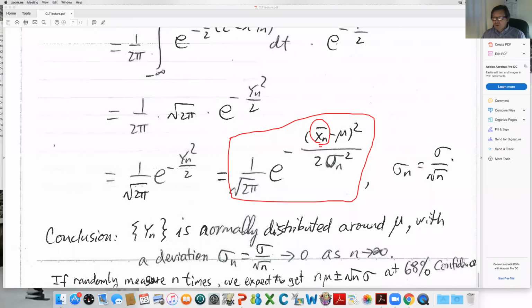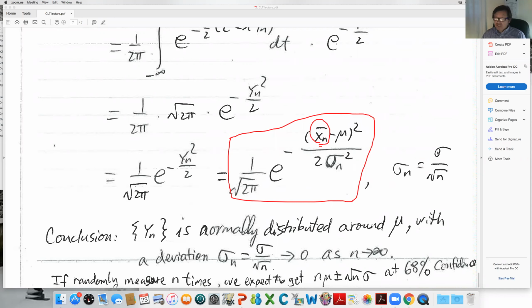So obviously if your population distribution is wide, this is going to be wide, but you can get a pretty good measurement of mu by taking, say, a sample of 10. This would be something like 3 something, right?